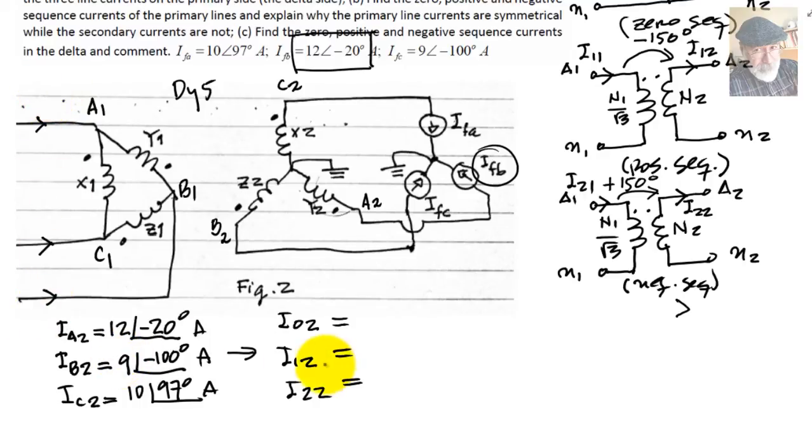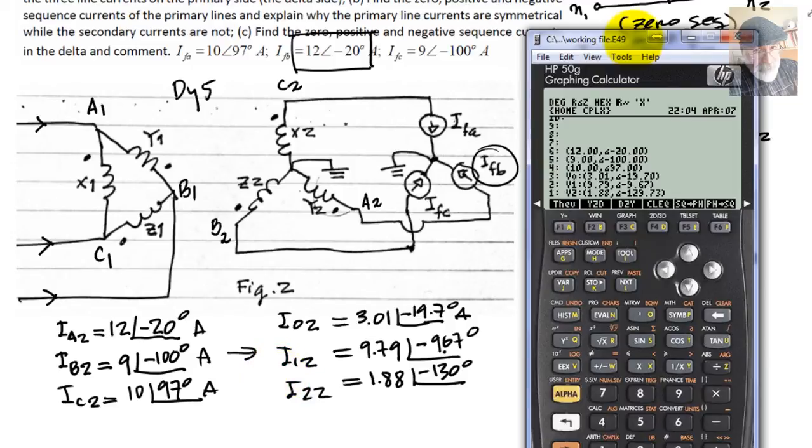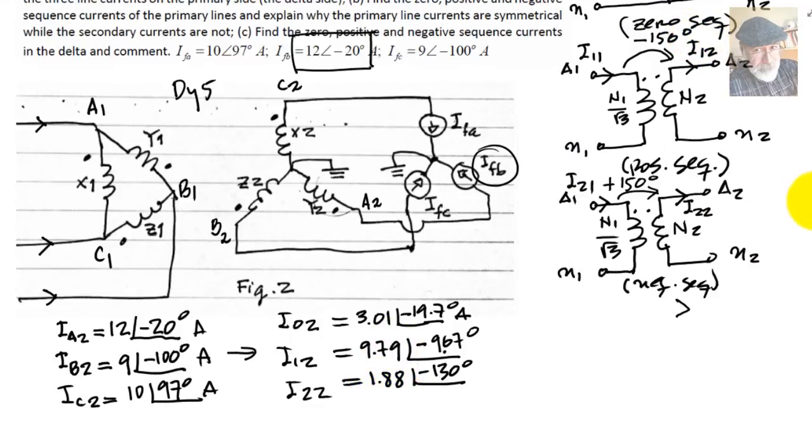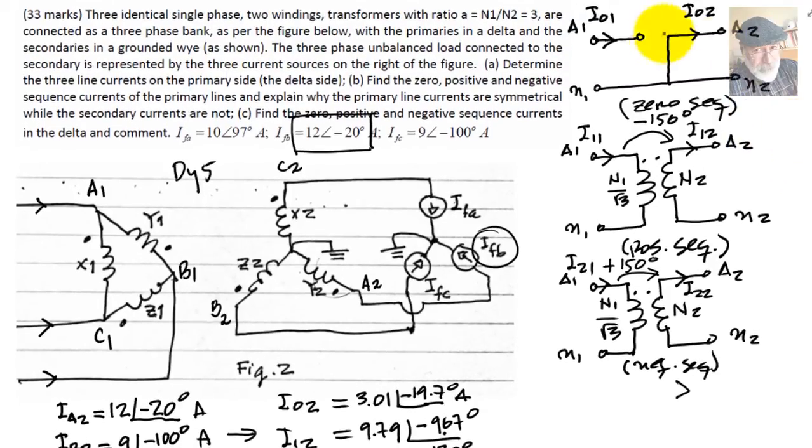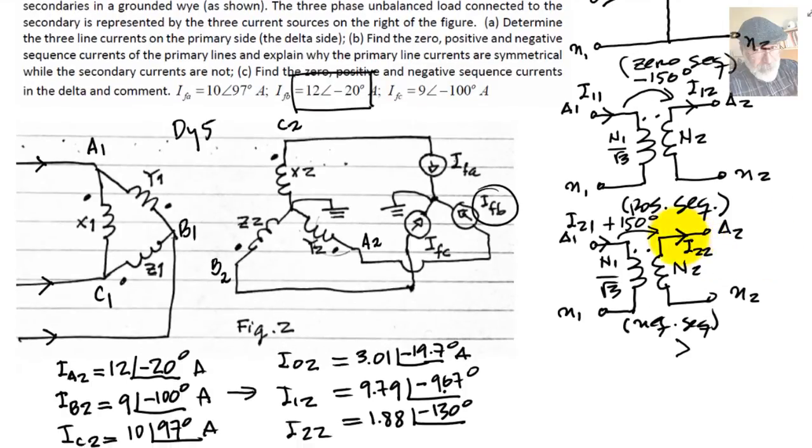Let me use the calculator, and those are the sequence currents in the secondary. 3.01 amps for the zero sequence, 9.79 for the positive sequence, and 1.88 for the negative sequence. Those are the currents that we will apply on the secondary of those single-phase equivalents of the transformer.